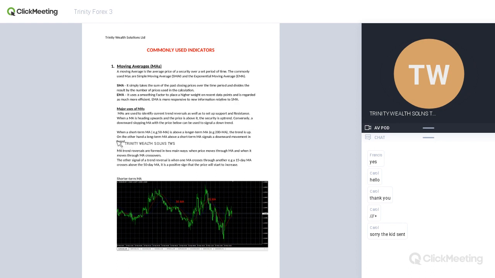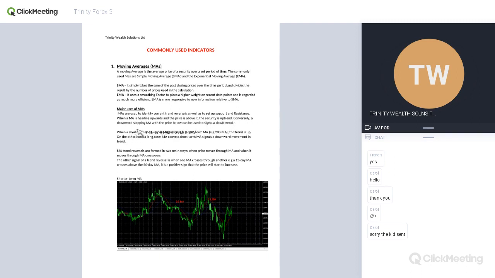So you want to look at the major uses of the moving averages. MAs are used to identify current trend reversals as well as to set up support and resistance. When a MA is heading upwards and the price is above it, the security is in an uptrend.